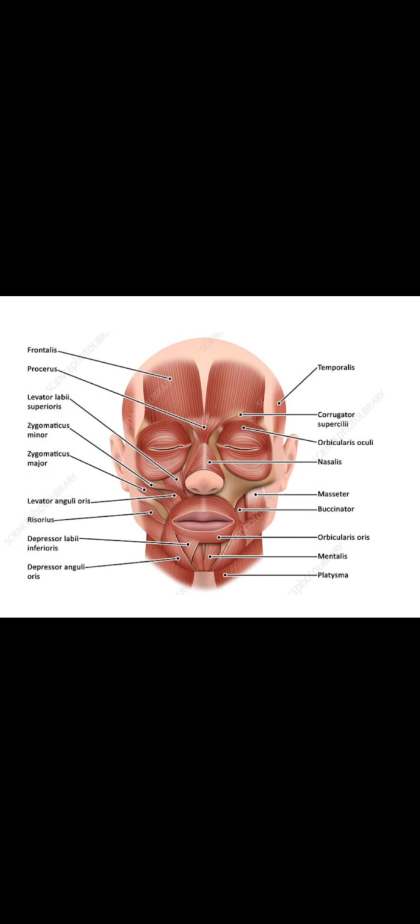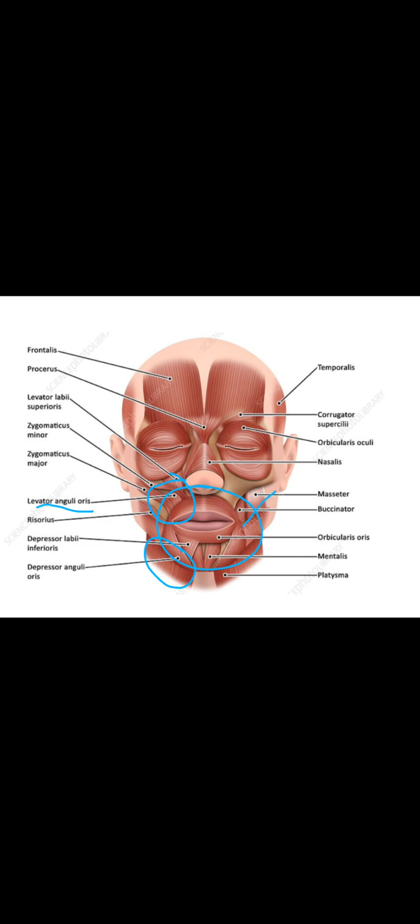Next, you have levator anguli oris and depressor anguli oris. Okay, so here you go. This small part is levator anguli oris, and this one is depressor anguli oris.